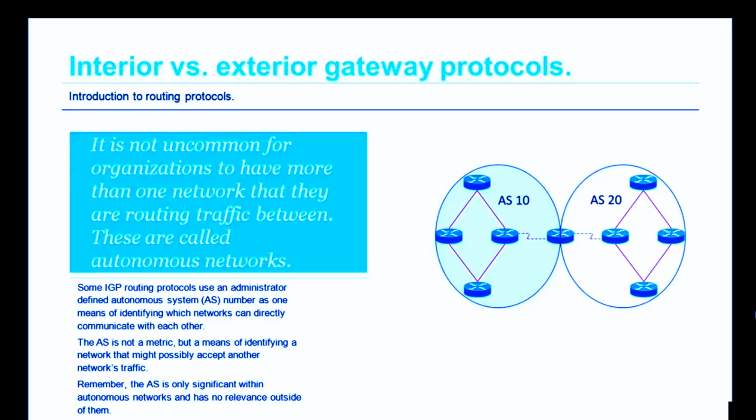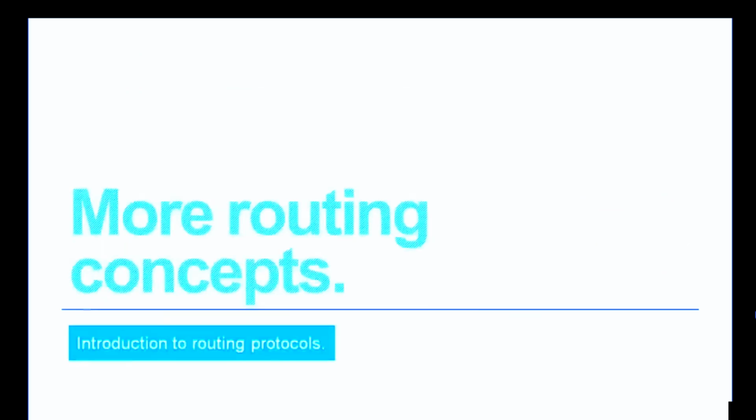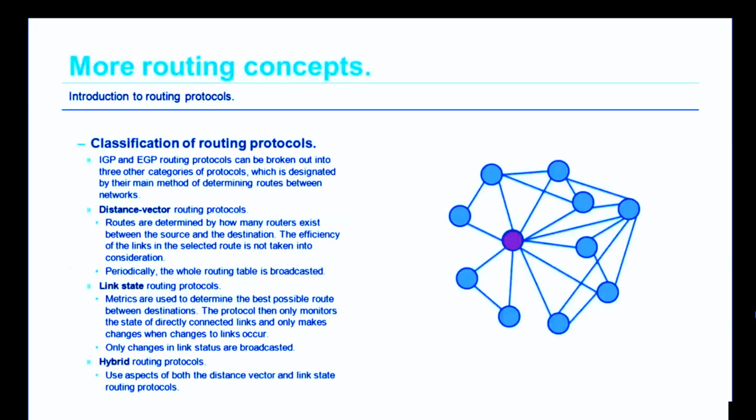The Autonomous System Number is not a metric, but a means of identifying a network that might possibly accept another network's traffic. Something to remember is that the AS is only significant within autonomous networks and has no relevance outside of them. Now let's move on to more routing concepts.